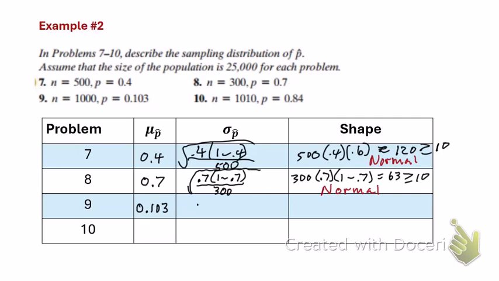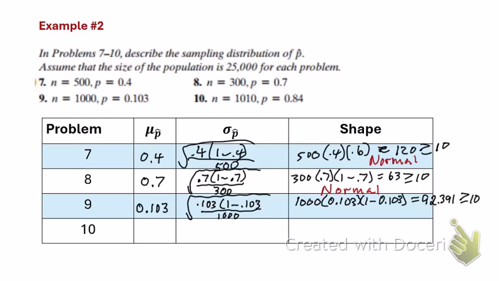Standard deviation. I mean, once you've seen one of these, you've pretty much seen all of them. All right, and since I'm getting 92 point something, that's bigger than or equal to 10, so I know normal again.